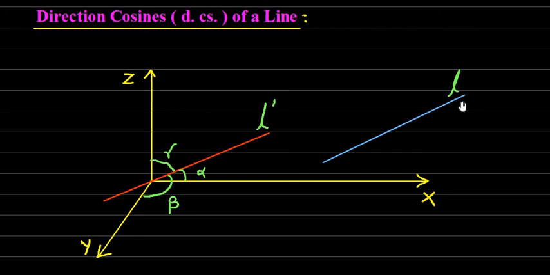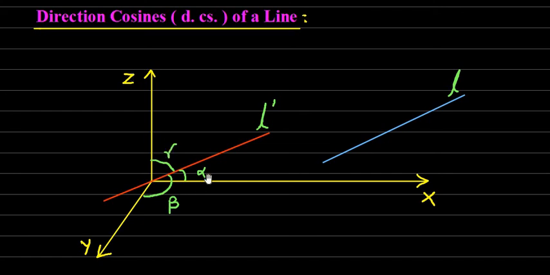Let L be the given line, and then we have drawn a line L dash which is parallel to the given line L in such a way that it passes through the origin. Then let alpha be the angle between L dash and positive direction of X axis, beta be the angle between L dash and positive direction of Y axis, and gamma be the angle between L dash and the positive direction of Z axis.